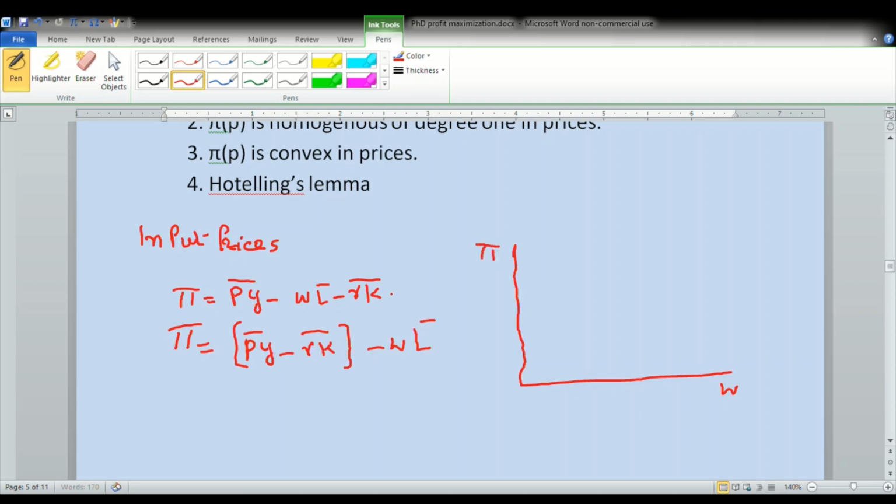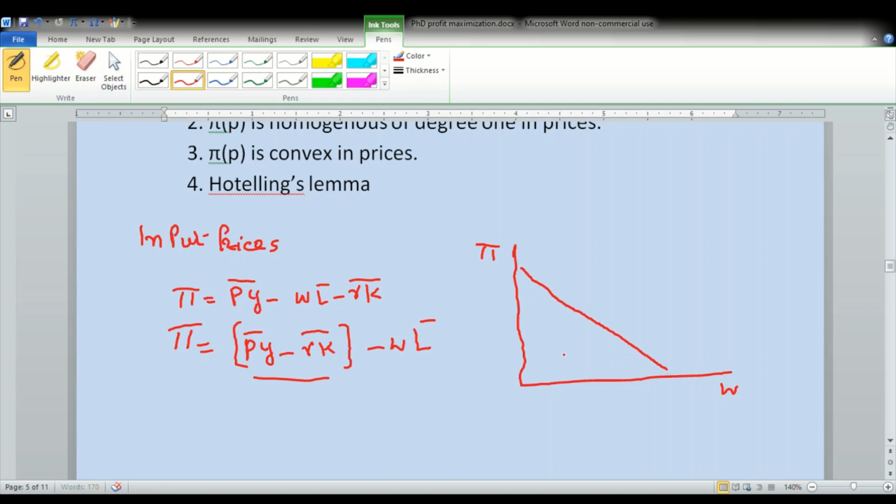This is like saying that if W increases, labor cost will be increasing, and this term, minus labor cost, will be decreasing, and so profit will be decreasing linearly, because W has a linear relationship. So I have a downward sloping profit equation this time.